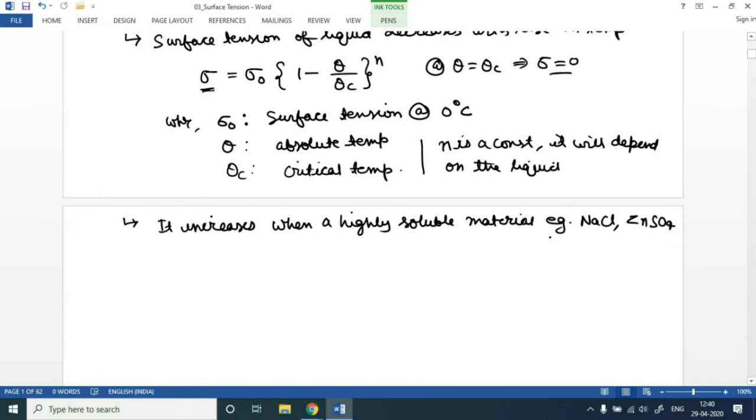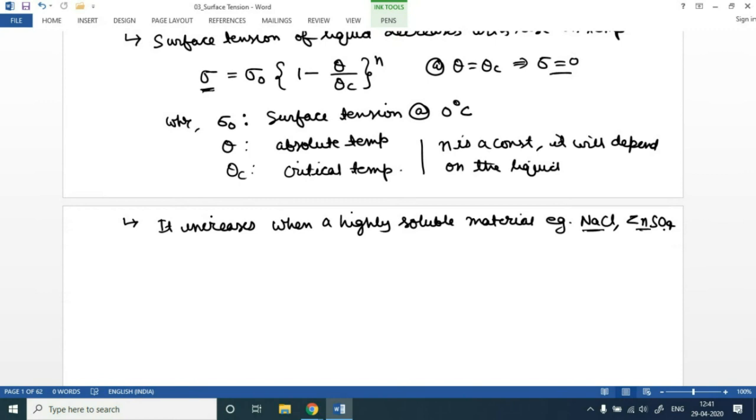The reason being, these have ionic bonds, so when they are added, the interaction between the liquid molecules will increase. So obviously the interaction between liquid molecules on the surface will also increase, so they will be exerting greater force on each other. That means greater surface tension.